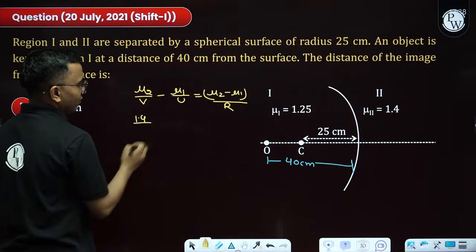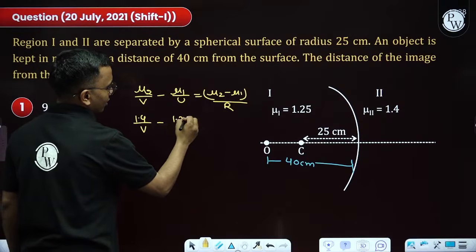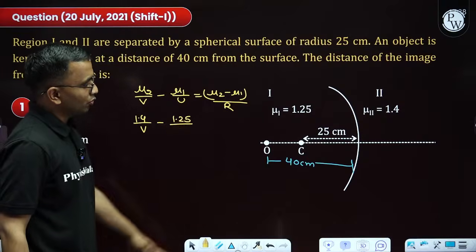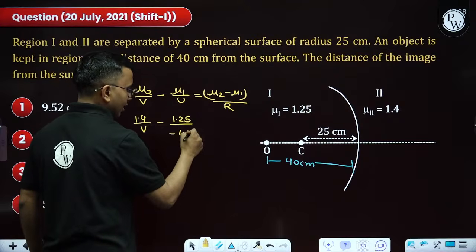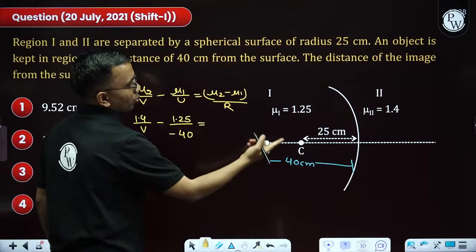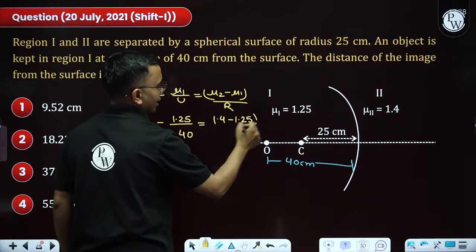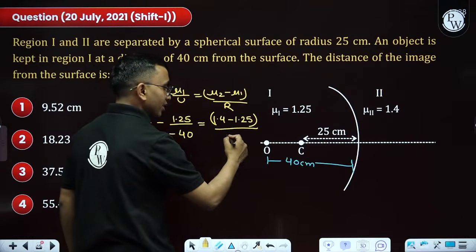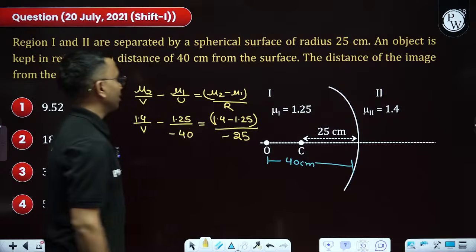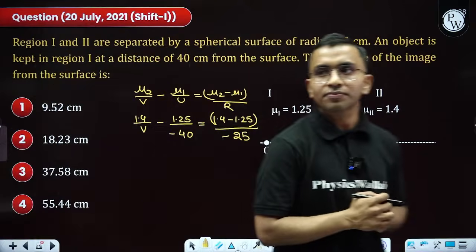So 1.4 divided by V, which we want, minus mu 1, which is 1.25, divided by U. U is minus 40, in this direction. That equals mu 2 minus mu 1, so 1.4 minus 1.25, divided by R. What is R? Minus 25. Like this. From here we have to do the calculations to find V.